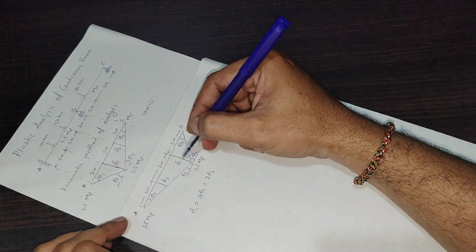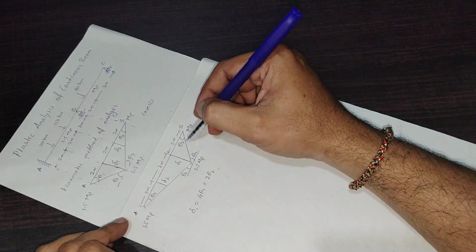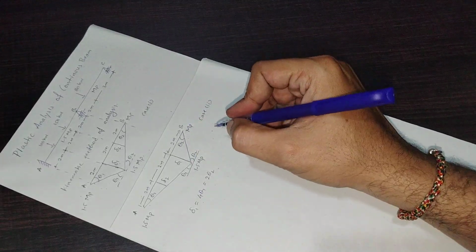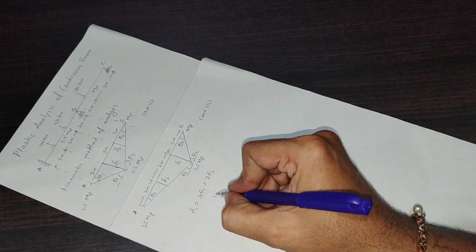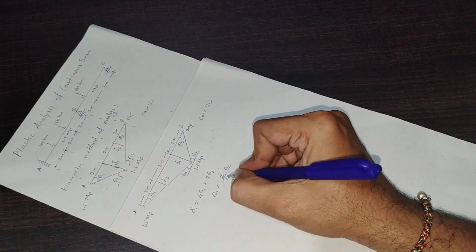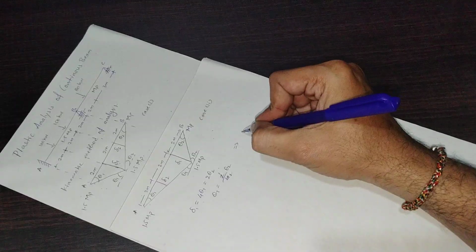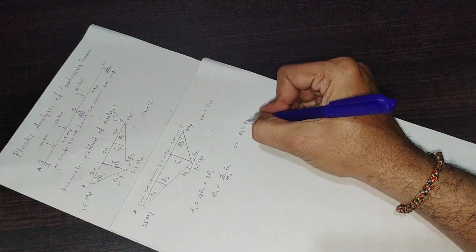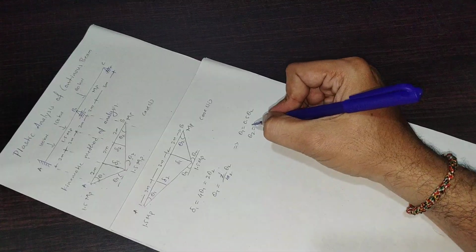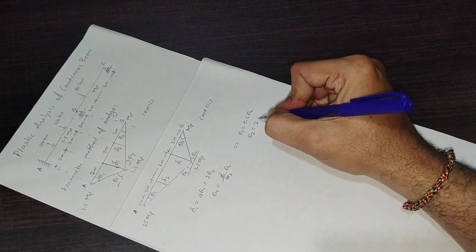This is the height, this is the hypotenuse, and this is the adjacent side. So now theta 1 can be written as 2 by 4 theta 2. Theta 1 is 0.5 theta 2, or theta 2 is 2 theta 1.